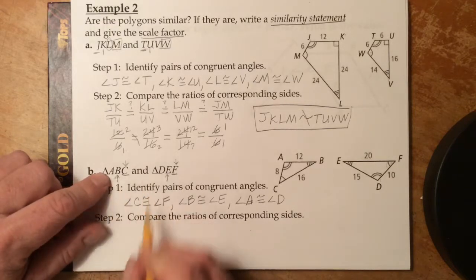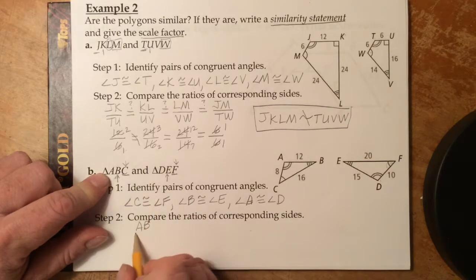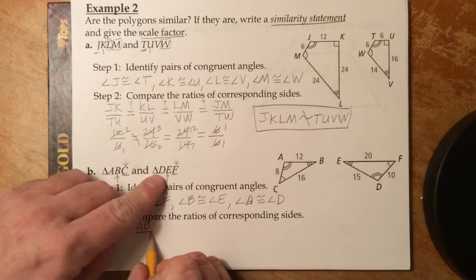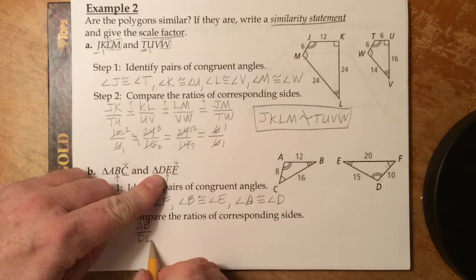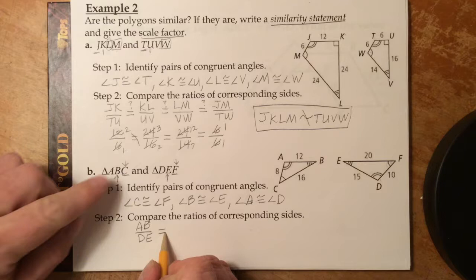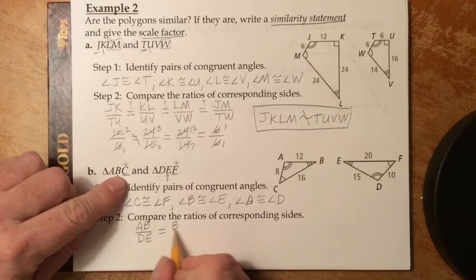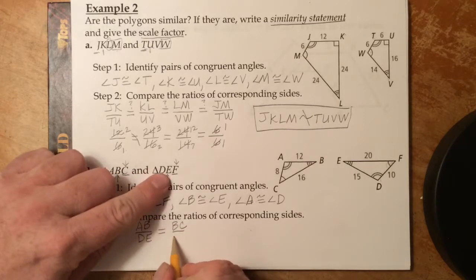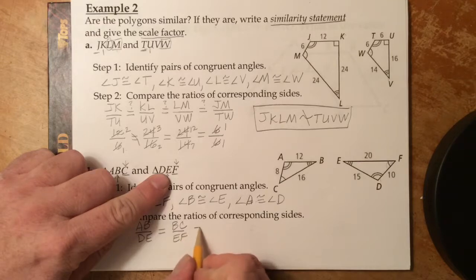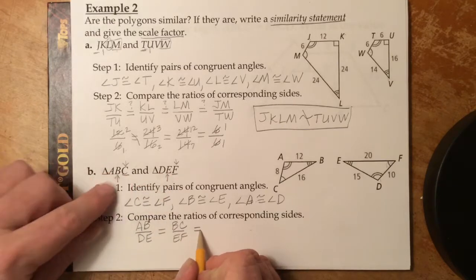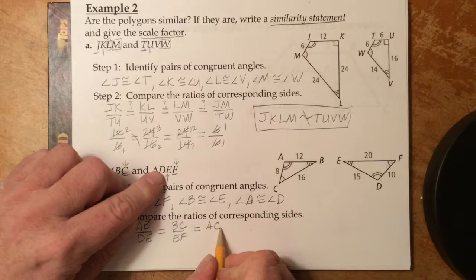Starting again with AB, side AB should be to DE as, back over here, BC is to EF, as AC is to DF.